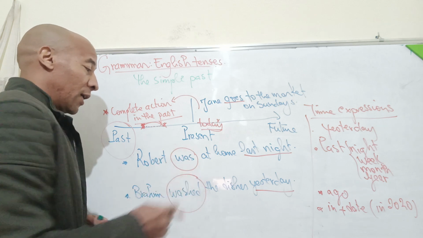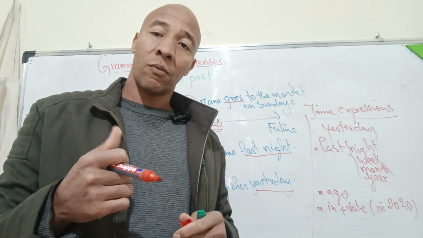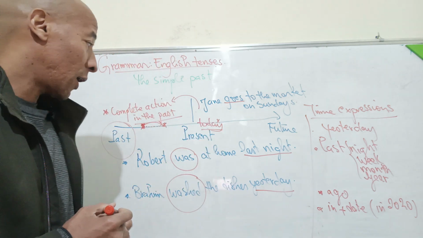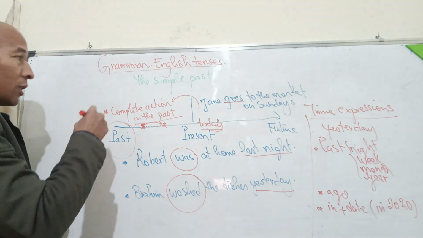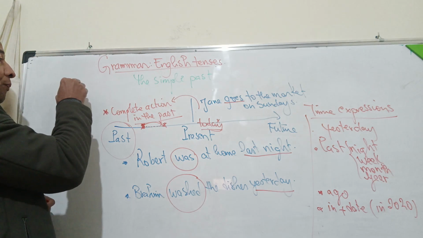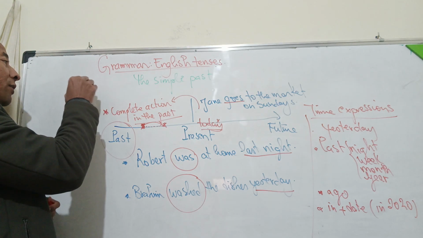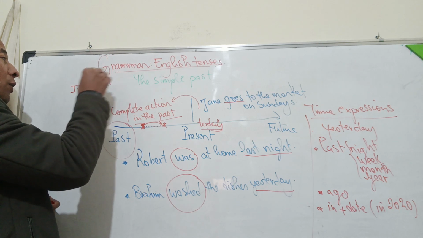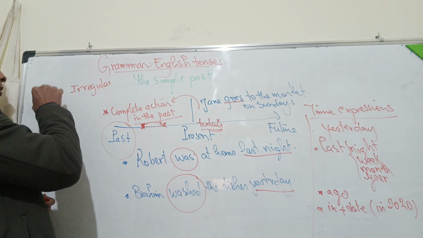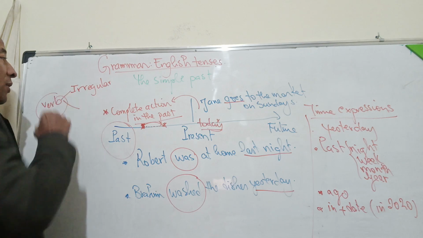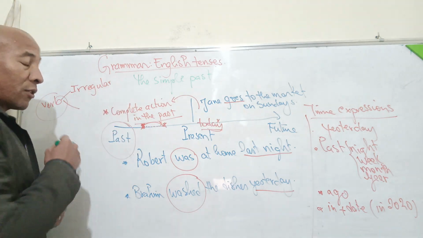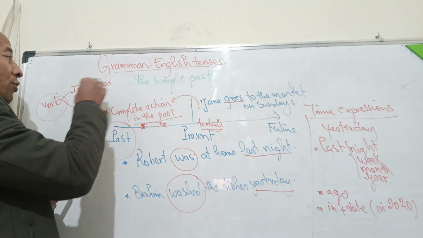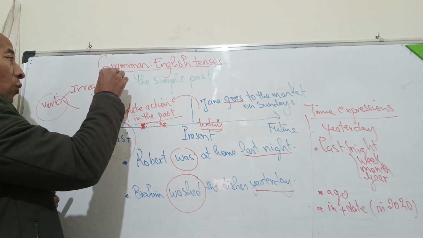Look at the verb. So the first example we used, we talked about an irregular verb. Okay, we said Jane went to the market, so here we use the verb go.